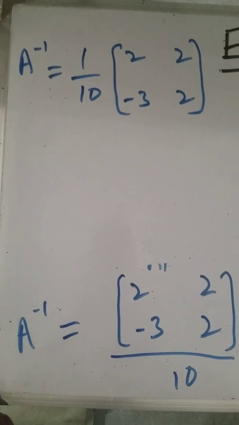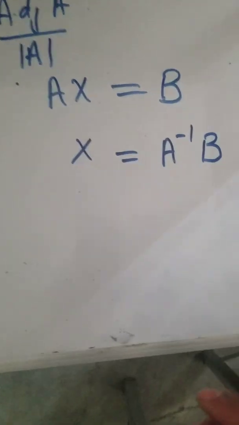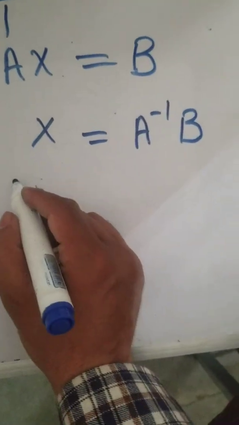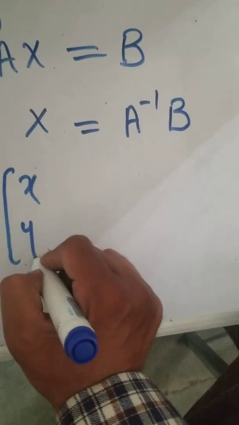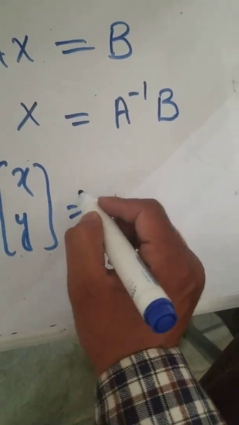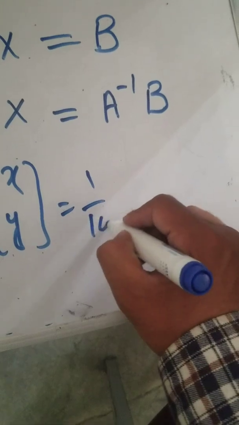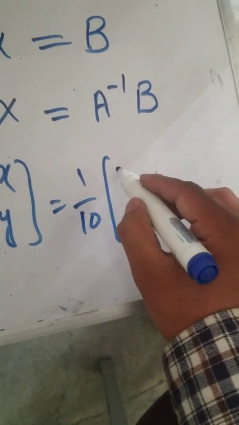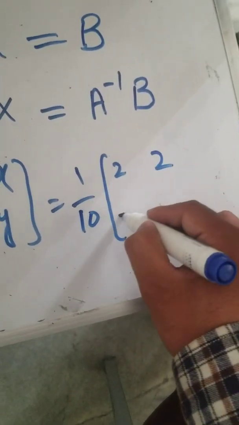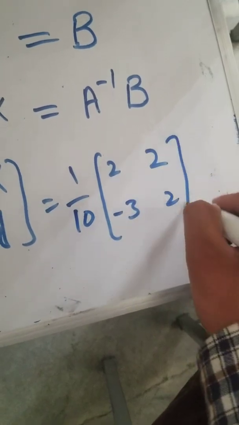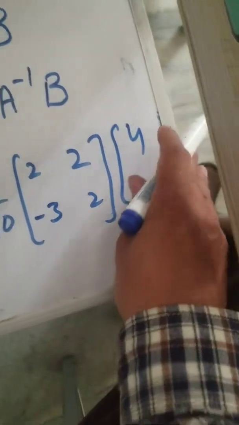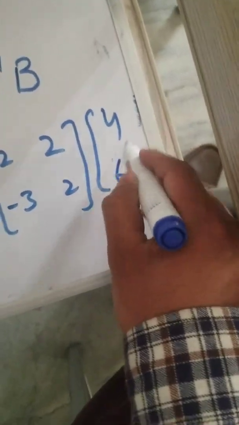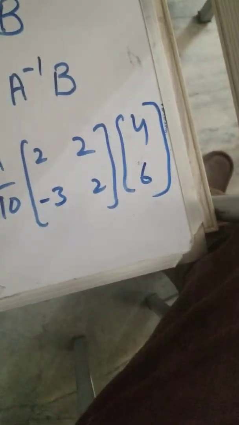Now we put this value in the equation. We have X equal to [x; y], A inverse is 1 over 10 times [2 2; -3 2], and B is [4; 6].